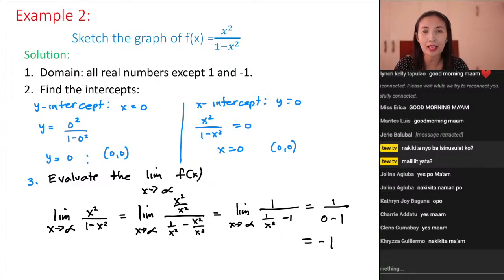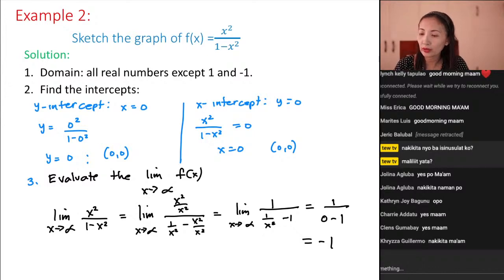Therefore, in this case, there is a horizontal asymptote, and the horizontal asymptote is y equal to negative 1. A horizontal line has the equation y equal to k. Please do not forget that.